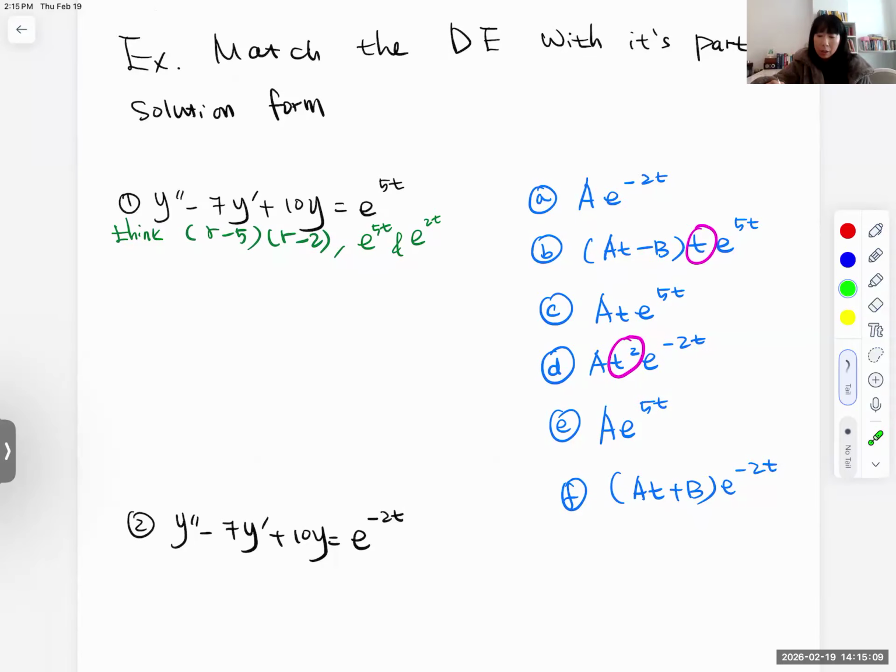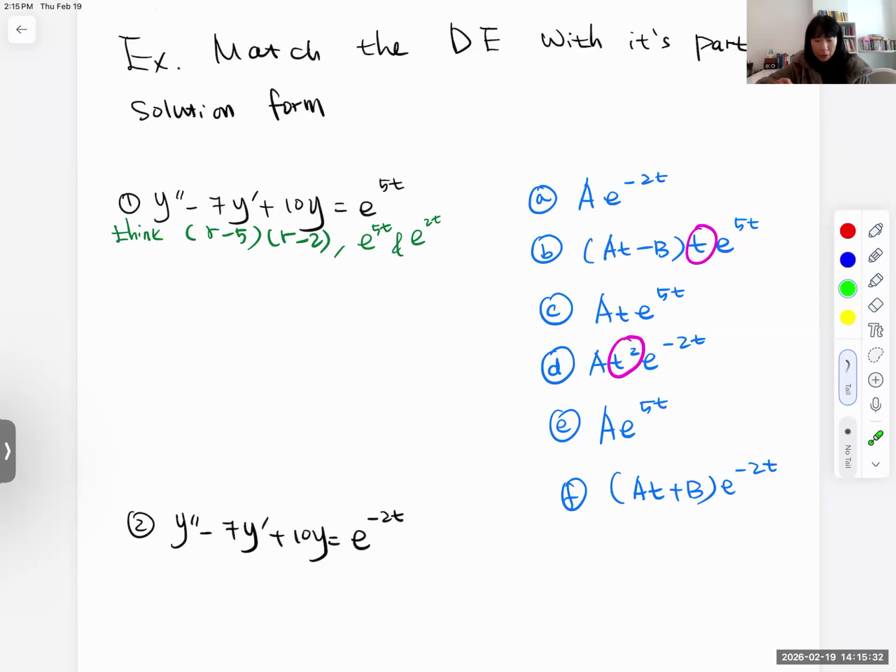Match the differential equation with the particular solution form. Okay, so pretty much we guess, and then we are using the beta. Yeah. Okay.